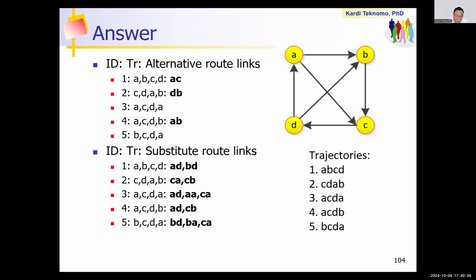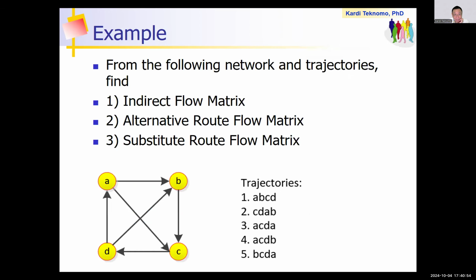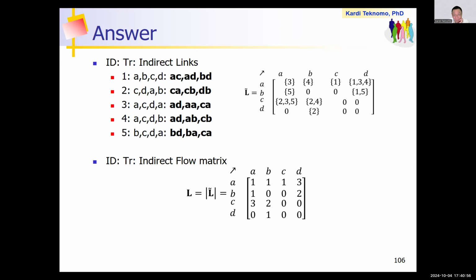Yeah. So here we don't have alternative link flow, and here we also don't have. From here you can create the matrix. So this is the indirect link flow.